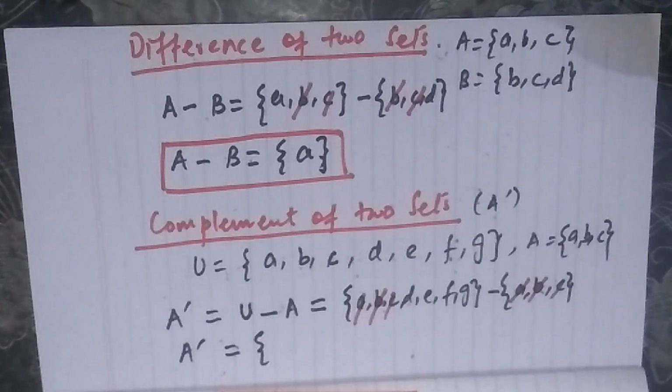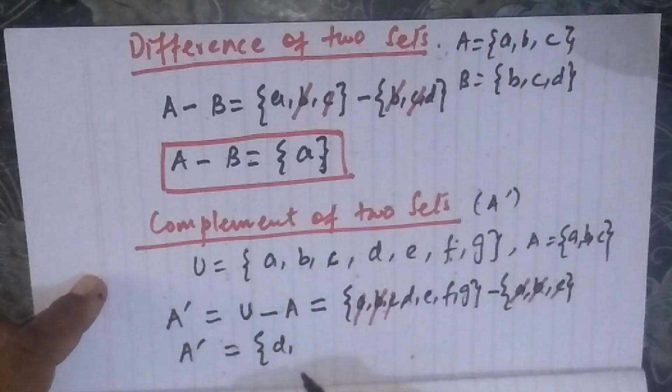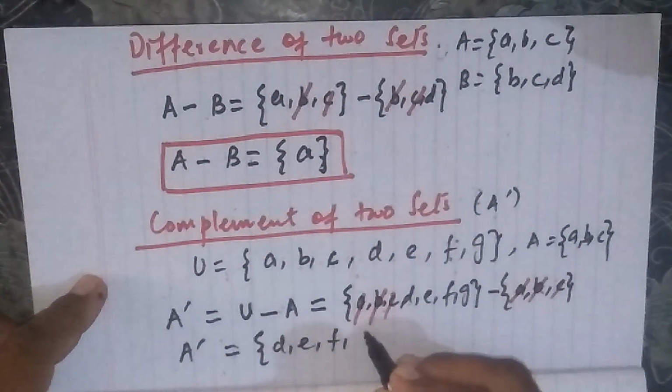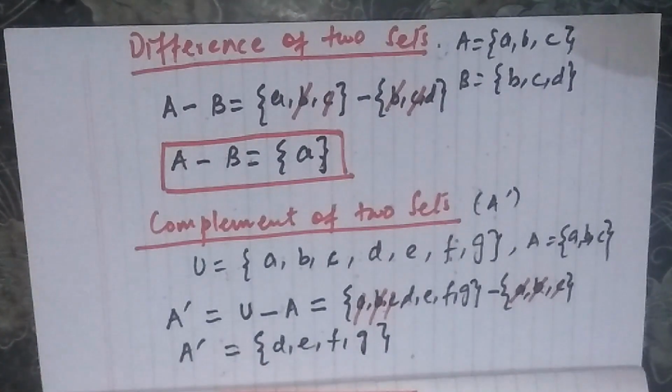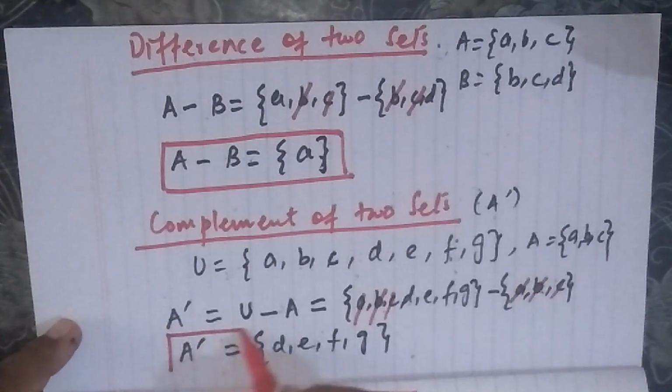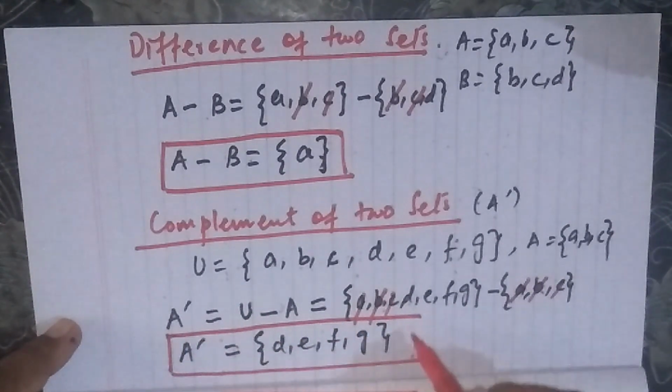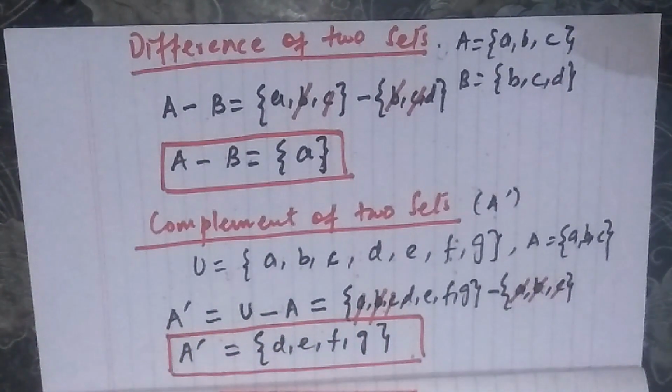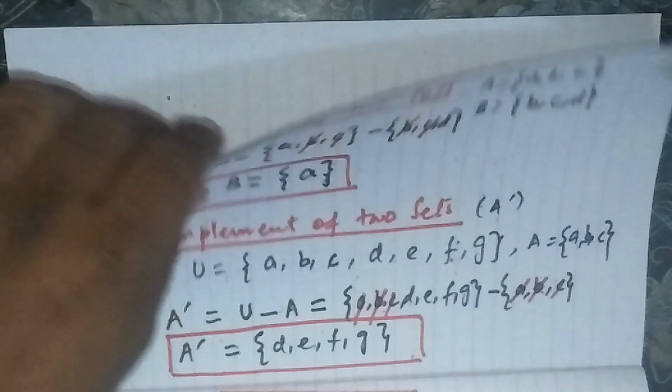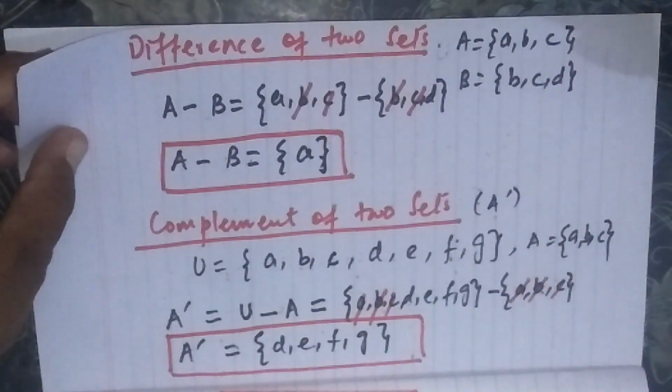So what we are remaining with is D, E, F, and G. So that is the complement of set A, or A complement or A dash. So we can find the complement of any set B, C, D or any set with the same technique as we found the complement of set A, or A dash, like this.